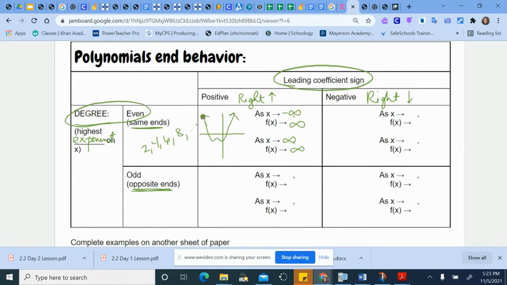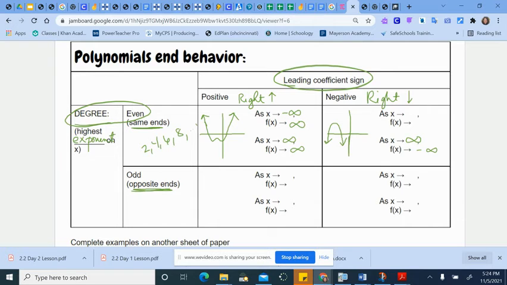Now, if it's even, but negative leading coefficient, then on the right side, it's going down. That right side is going down, but since it's an even degree, the other side's going down as well. So the right side is going down as x approaches positive infinity.